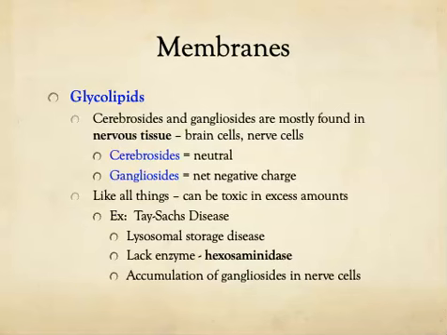It needs an enzyme, and this particular enzyme that's involved is called hexosaminidase. I sometimes stumble over that pronunciation. Hexosaminidase. And this enzyme is critical for just breaking apart this molecule called a glycolipid.